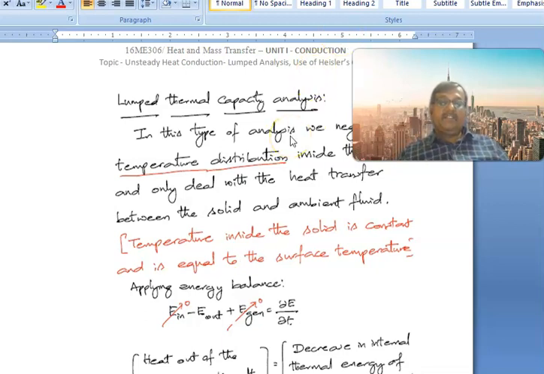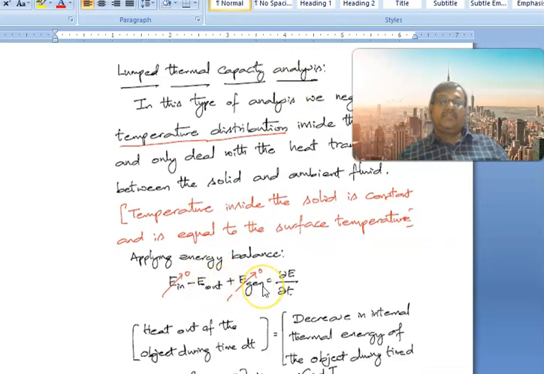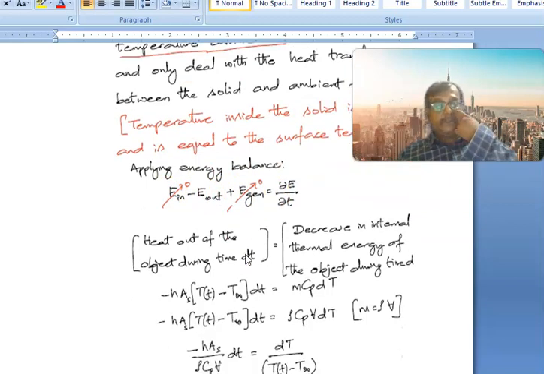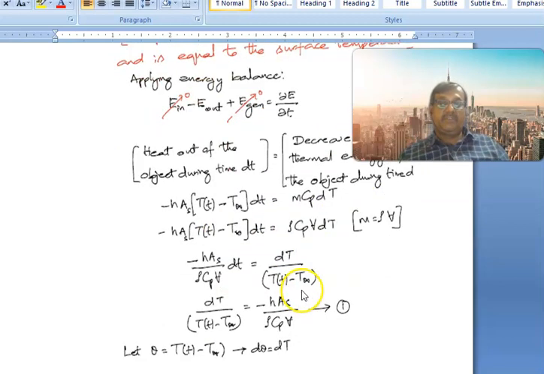Applying the energy equation, energy in minus energy out plus energy generated equals change in energy. Generated energy and energy given inside are both neglected because there is no change. So the heat out of the object boundary equals the decrease in internal thermal energy of the object during the time.